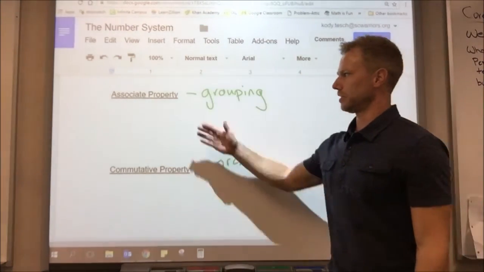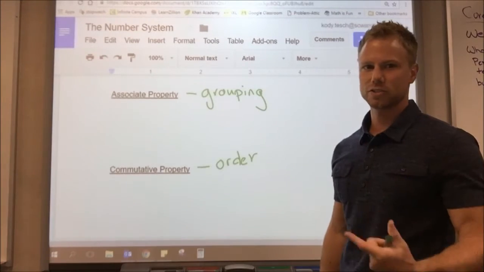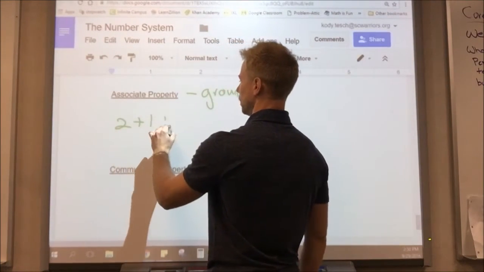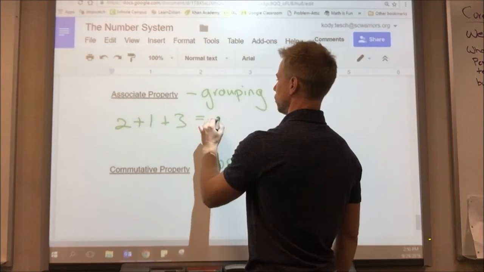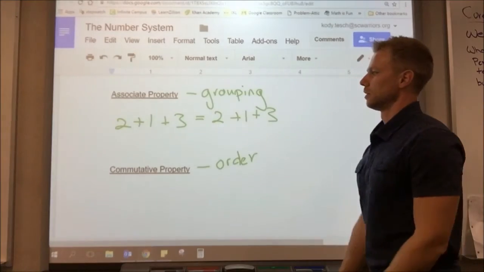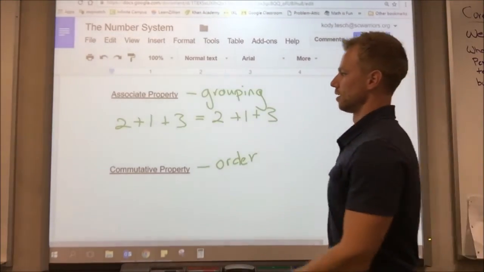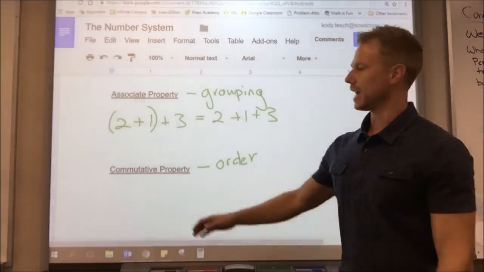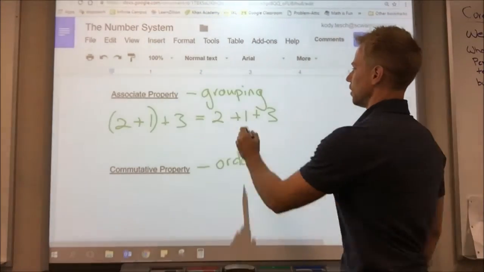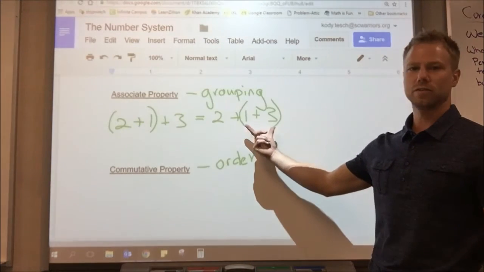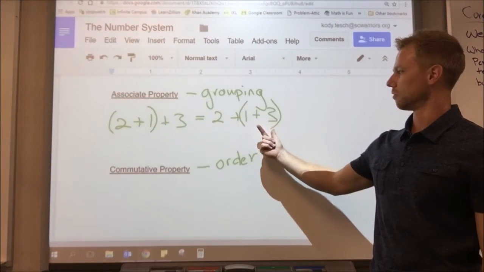Okay? So a couple examples of associative property. Let's start with addition. If I have 2 plus 1 plus 3 equals 2 plus 1 plus 3, associative property says I can put parentheses around 2 plus 1 and add those together first, and then on the other side I could put parentheses around 1 and 3 and add those together first.